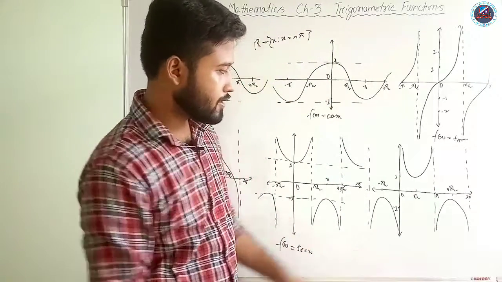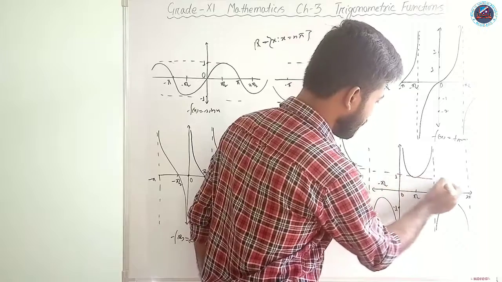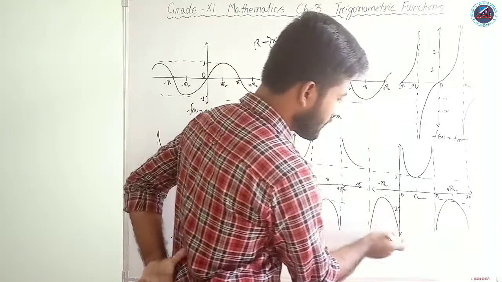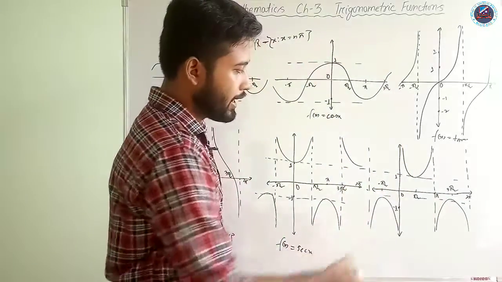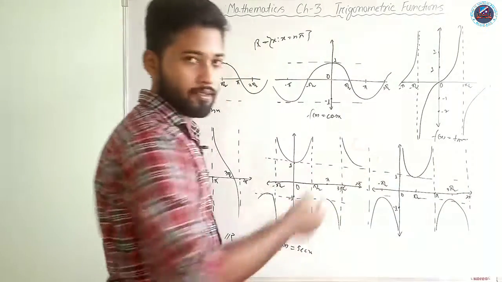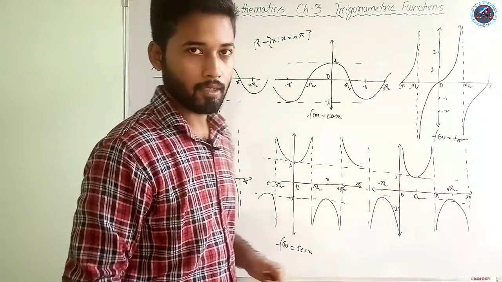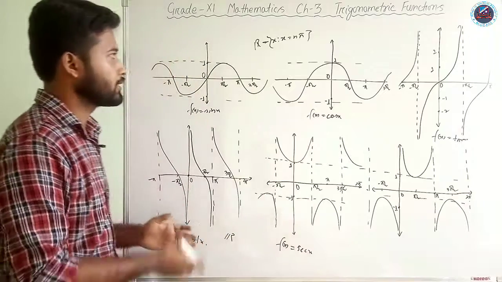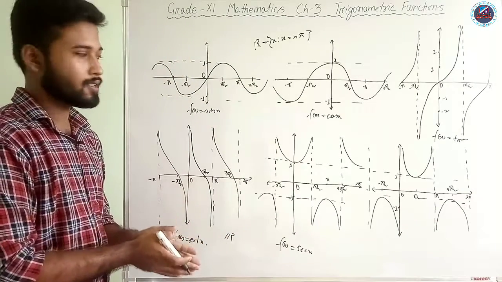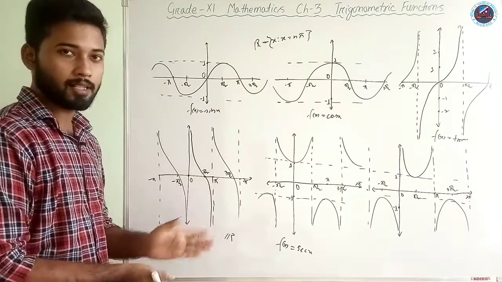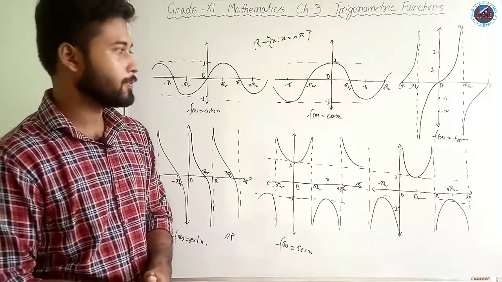And what about the range? You can see that the range is all the real numbers from -infinity to +infinity except this stretch or this part. Okay, so that is all about the graphs of your trigonometric functions, and please go through them properly. These are very important for your entrance as well.